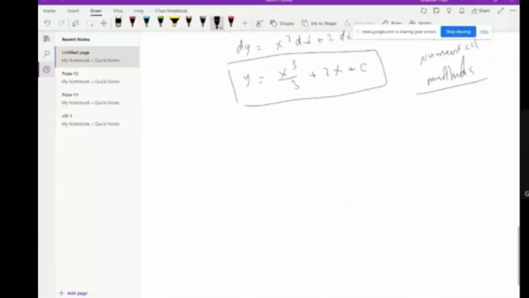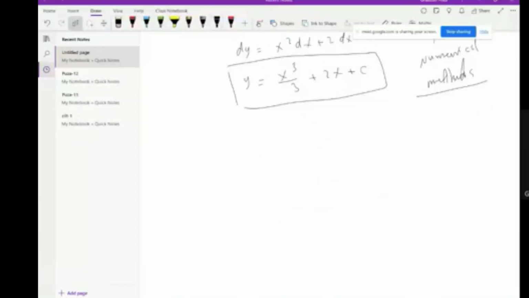And if you have a partial differential equation like this, dy over dx equals dy over dt, because we have two independent variables.